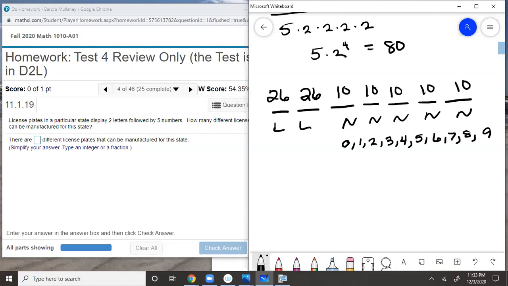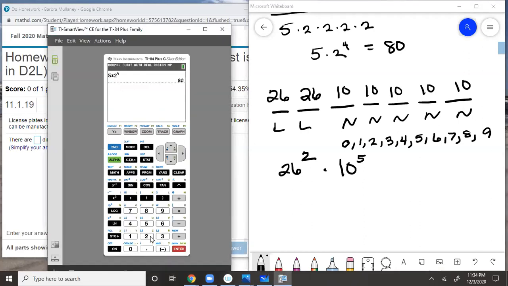So the total number of license plates that can be made in this state is 26 times 26, which we can do as 26 squared, times 10 raised to the 5th power. So we could just hit the squared key, times 10 raised to the 5th power.